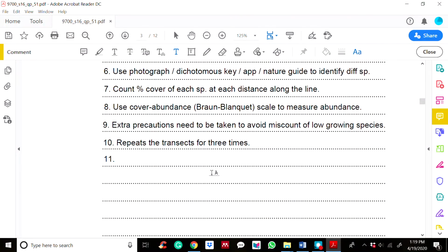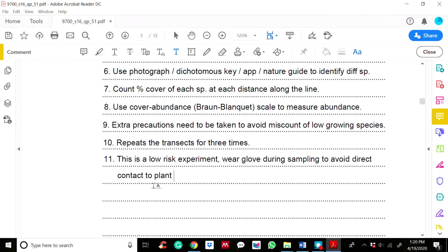Safety of the experiment. This is a low-risk experiment.